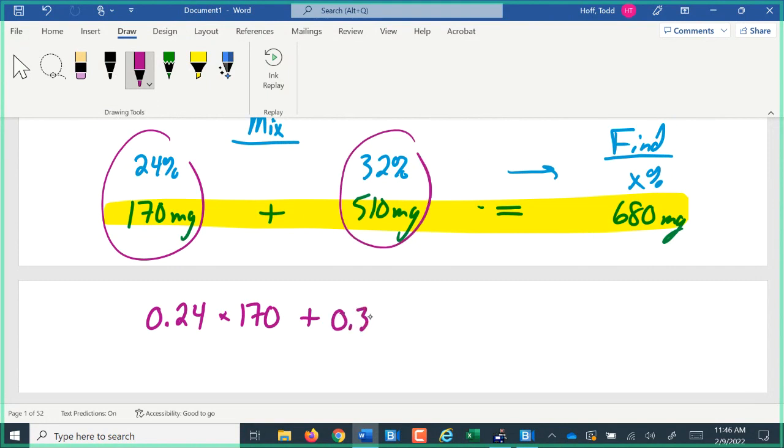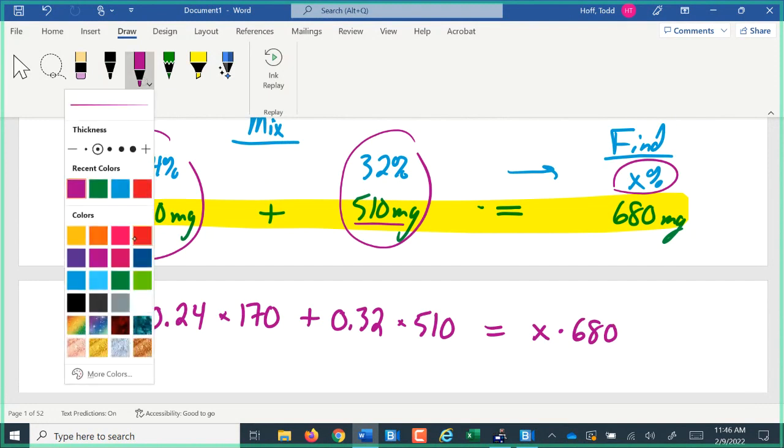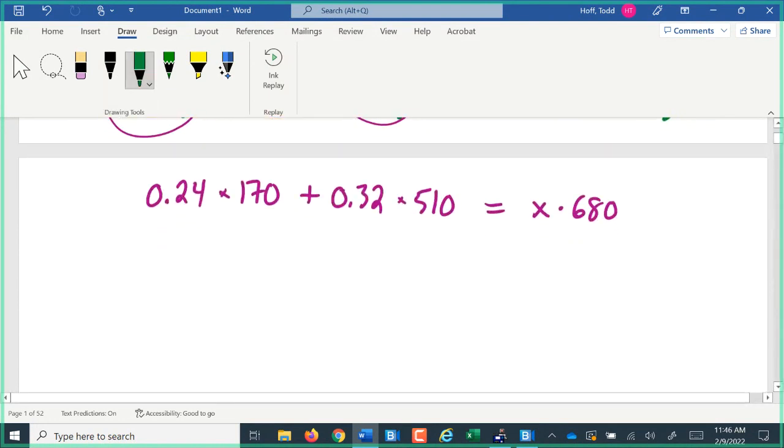As a concentration, that's 0.32 times the amount there of 510 milligrams. That has to add up to the total amount of solute. Well, I don't know the concentration, that's my X. That'll be multiplied by 680 milligrams. And now I can go through and solve this to figure out what that final concentration is. So here, 0.24 times 170.